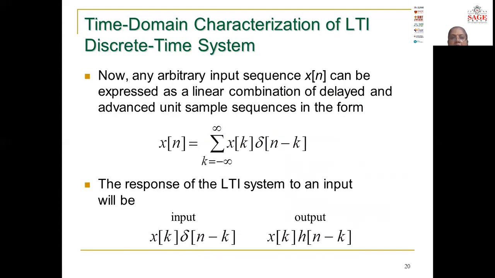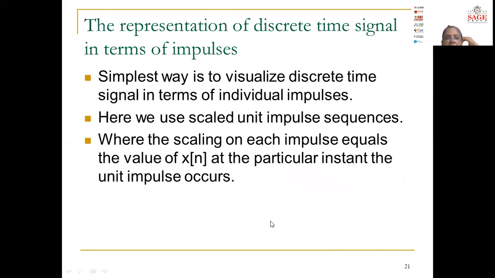Now, any arbitrary input sequence x[n] can be expressed as a linear combination of delayed and advanced unit samples. So we express it as x[n] equals the summation over k from minus infinity to plus infinity of x[k] multiplied by the shifted impulse. The response of the LTI system to the input will then be given by the following equation.